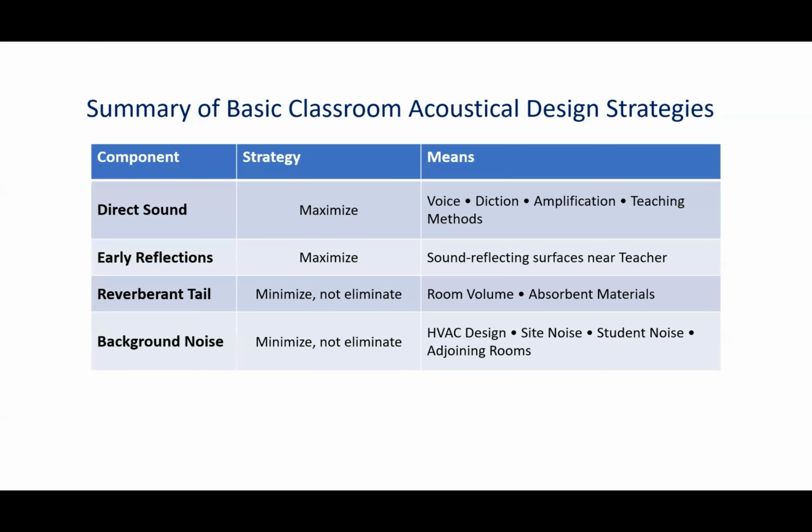When we eliminate the background noise, then we hear more of the sounds coming in from the other spaces, and other things can be more distracting as well. So we want to have it in a certain range, and right around 35 dBA is the high end of that, because we don't want it intruding and making that signal to noise ratio smaller. We want to have that 15 to 20 dB or more signal to noise ratio from our direct sound from our speaker.